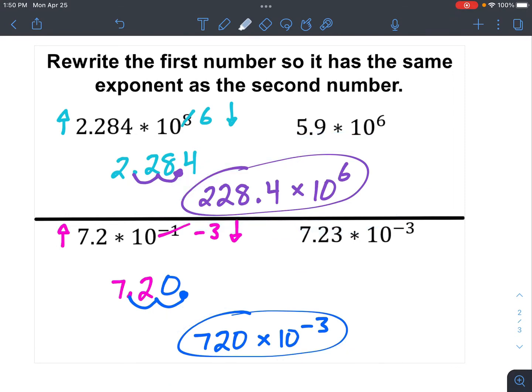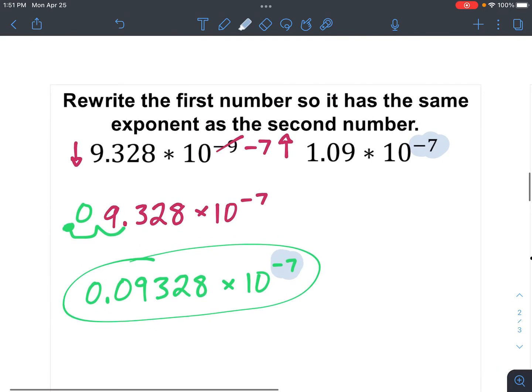Well, if we were to add or subtract 228.4 with 5.9, the answer is definitely not going to be between 1 and 10. We're going to have to adjust that ourselves. That'll be extra work. Same with the bottom one here, 720 added or subtracted with 7.23 is not going to give us an answer between 1 and 10. It's not in scientific notation.